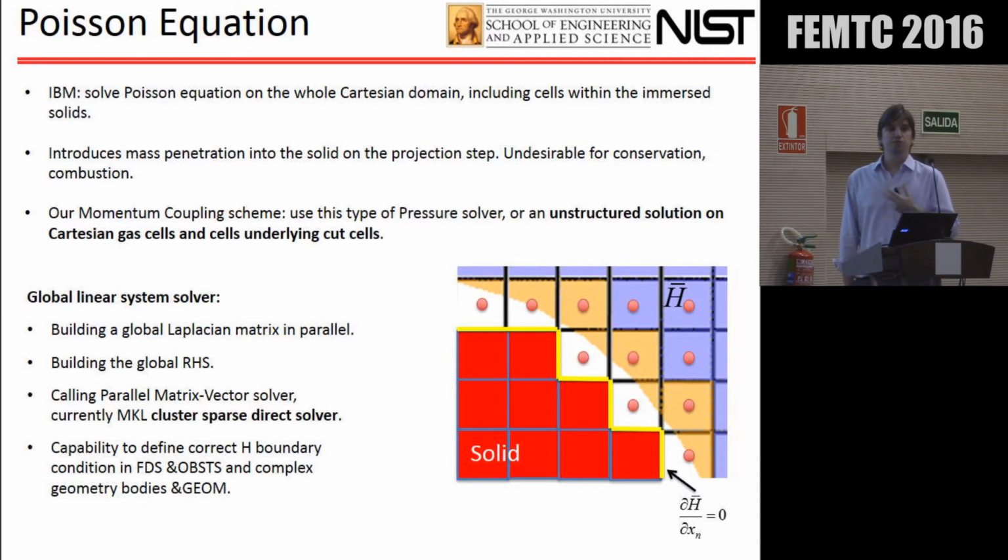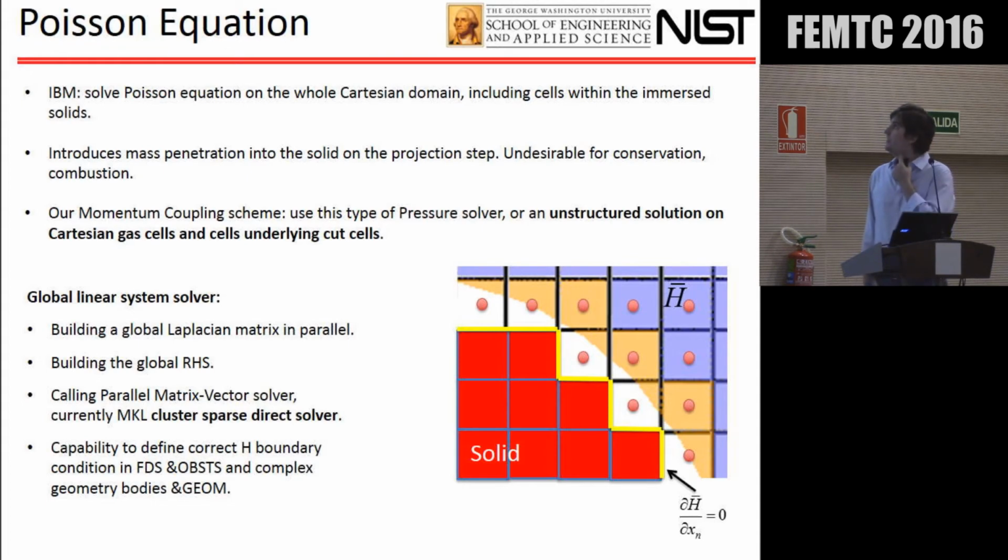The key point here is that the solution of the pressure happens everywhere. It happens in the gas phase, it happens inside the solid, and in the end, in the immersed boundaries, you are only satisfying the pressure boundary conditions approximately. That means that you will end up having penetration issues. Basically, the scalars are going to flow in or out, mainly in, to the solid region.